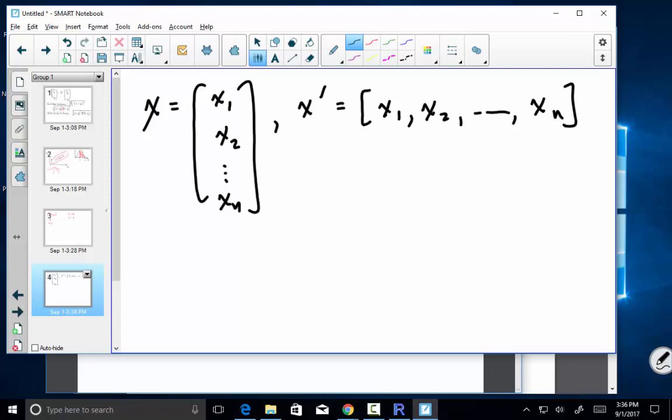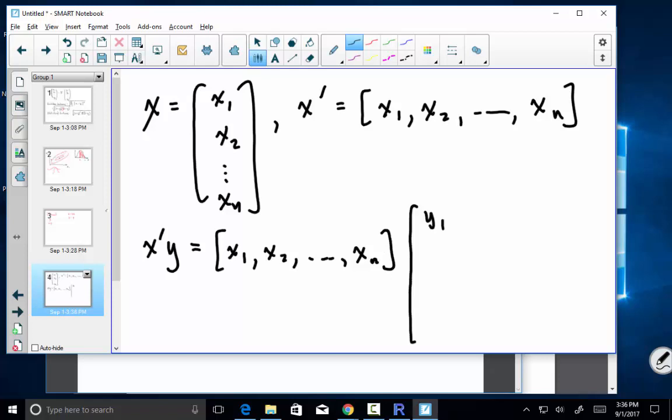If I do x transpose y, the inner product of x with y, what that looks like is x1 through xn oriented horizontally mashed up against y1 through yn oriented vertically. That's actually a special case of a matrix multiplication that we'll see in a second.